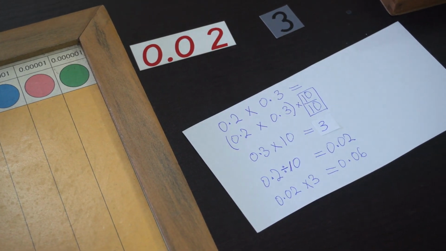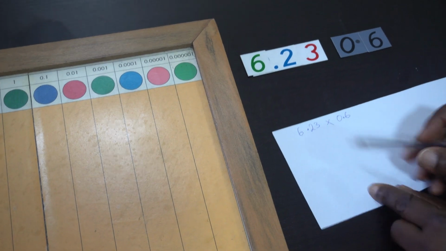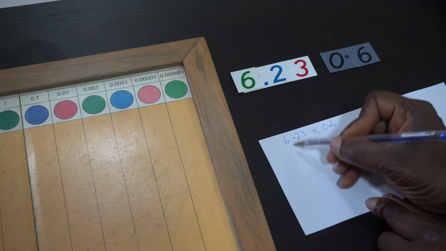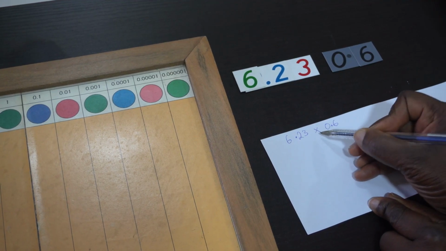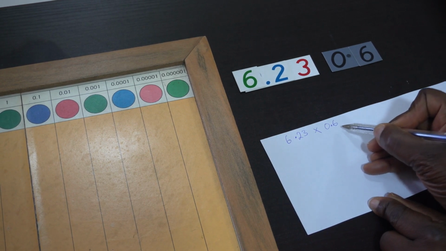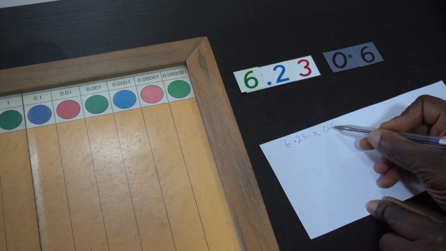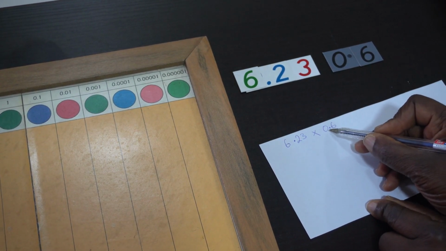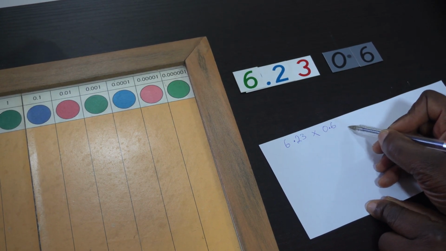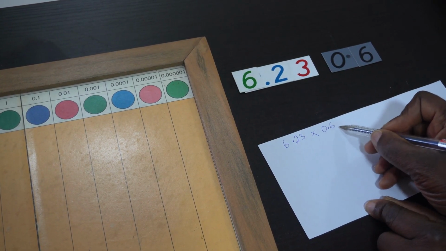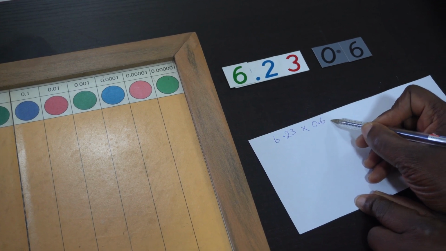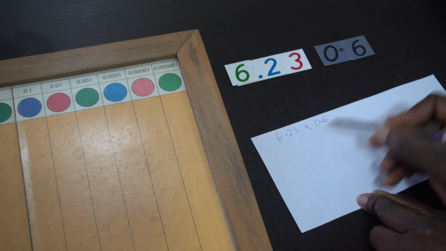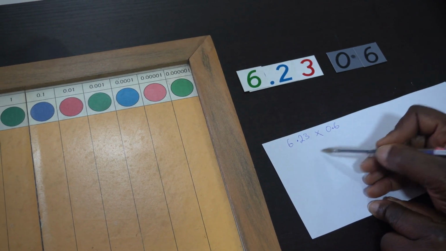Let's do another problem. So again, we have this problem, 6 and 23 hundredths multiplied by 6 tenths. So again, we have to try to change the multiplier to a whole number. And to do that, we have to multiply by 10, and we have to divide the multiplicand by 10.